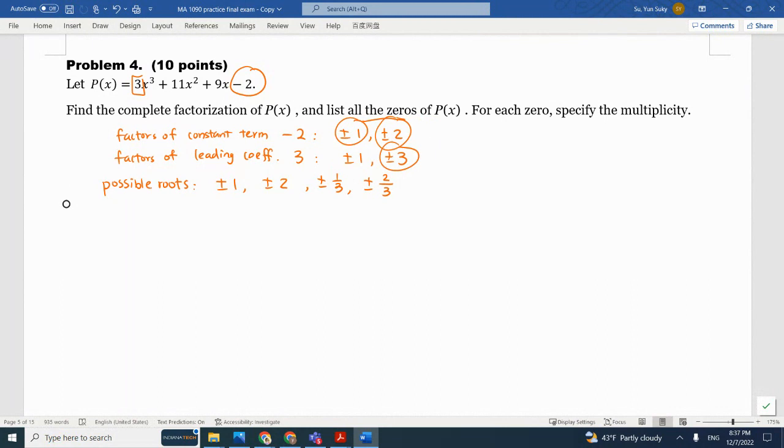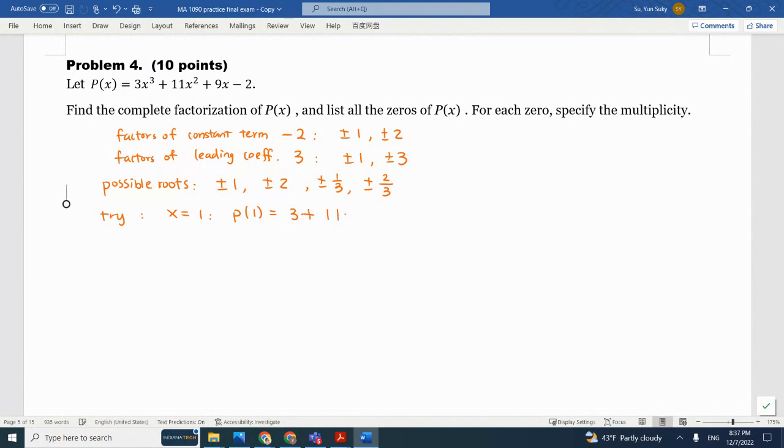Now let's plug in. So look at the list. Try x equals 1. P of 1 is, see, you plug in our polynomial. We have 3 times 1 cubed, which is 3.